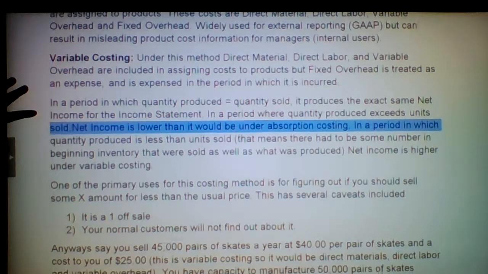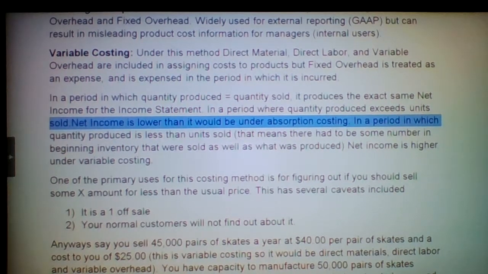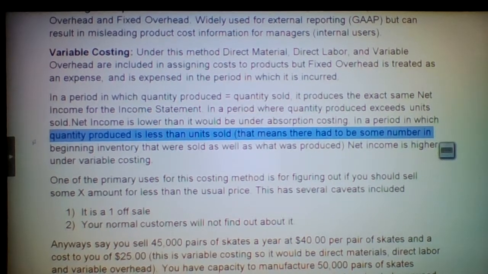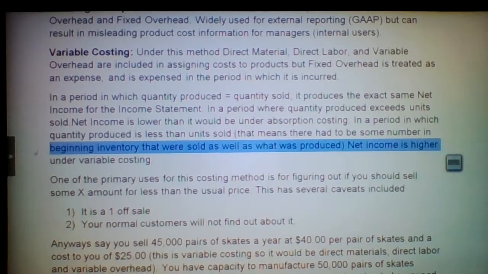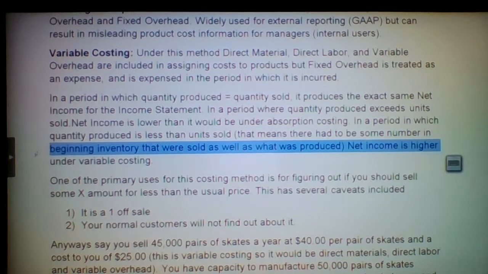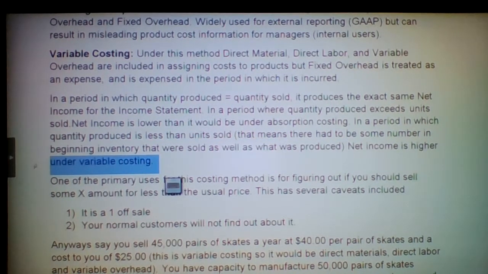So net income is lower than it would be under absorption costing. That means that you made more units than you sold. In a period in which quantity produced is less than units sold, that means there had to be some number in beginning inventory that were sold as well as what was produced. Net income is higher under variable costing.